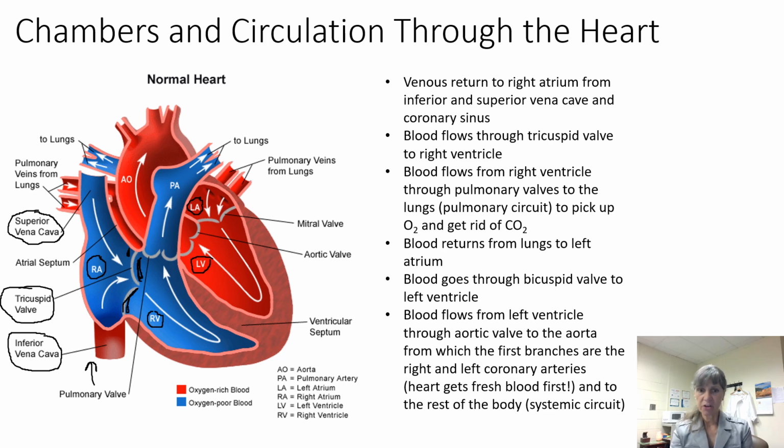The remaining 30% is ejected from the right atrium into the right ventricle when the atria contract. That's going to squeeze the remainder of the blood into the right ventricle.